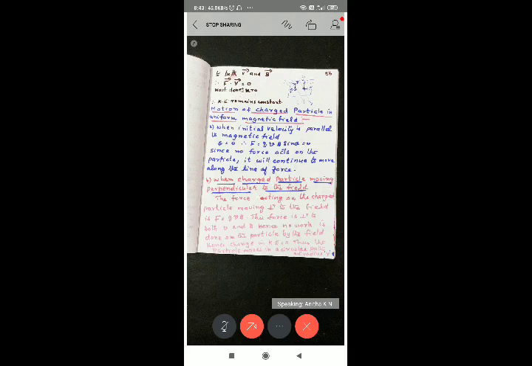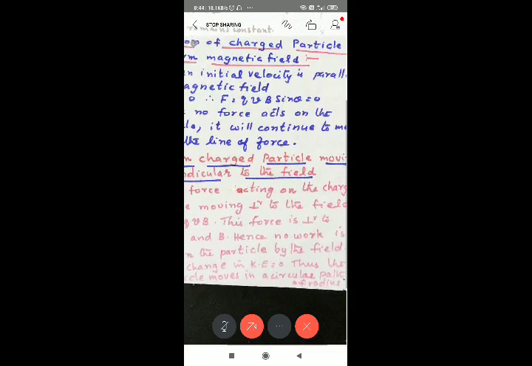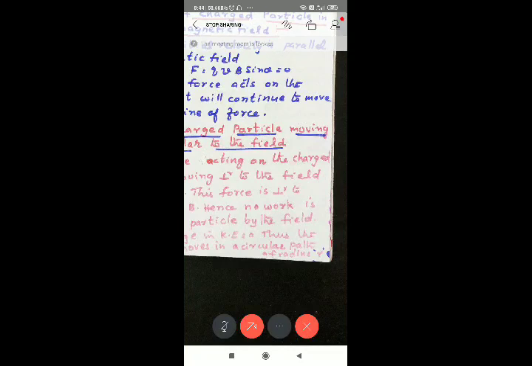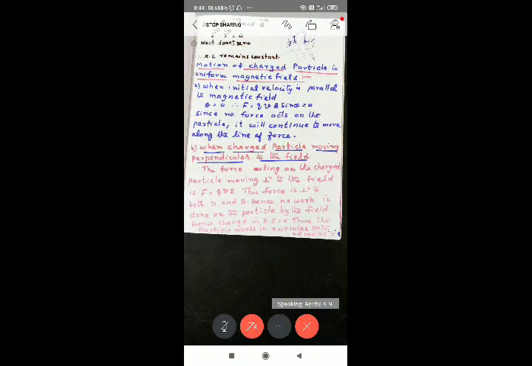Next case, when the charged particle is moving perpendicular to the direction of field, as we have seen earlier, it will move in a circular path. For we know F is perpendicular to V, so it is not doing any work. Kinetic energy is not changing, but the direction of motion is changing, and the particle moves in a circular path of radius r, because the force acting on it changes the direction of motion.